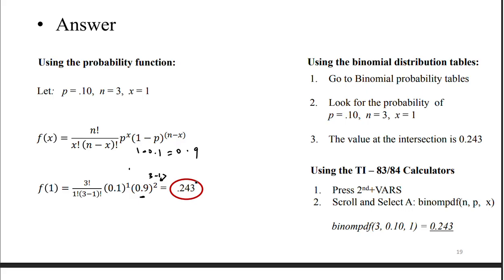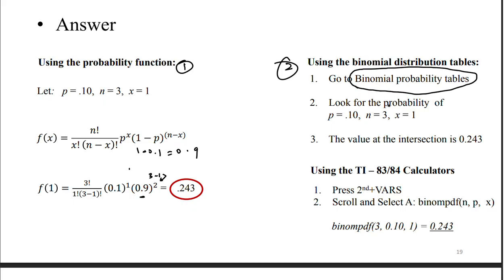Another, much easier approach is to use what we call the binomial distribution table. So you can either use the binomial probability function, which is approach 1, or approach 2, which is the binomial probability distribution table. How do you use the binomial probability distribution table? You go to the binomial probability tables right here, and a copy of this table has already been uploaded on Moodle.